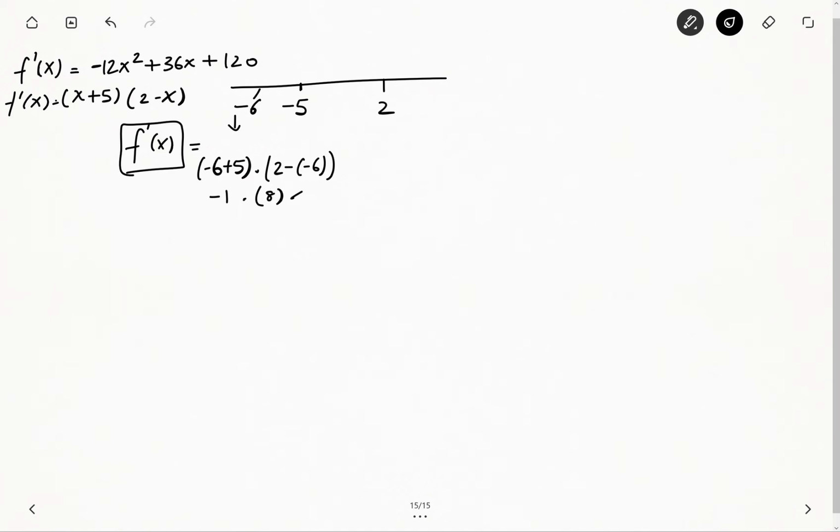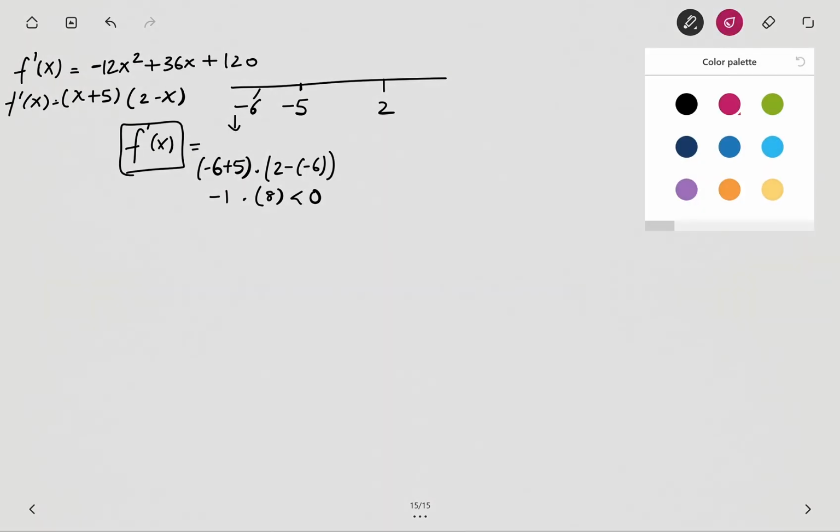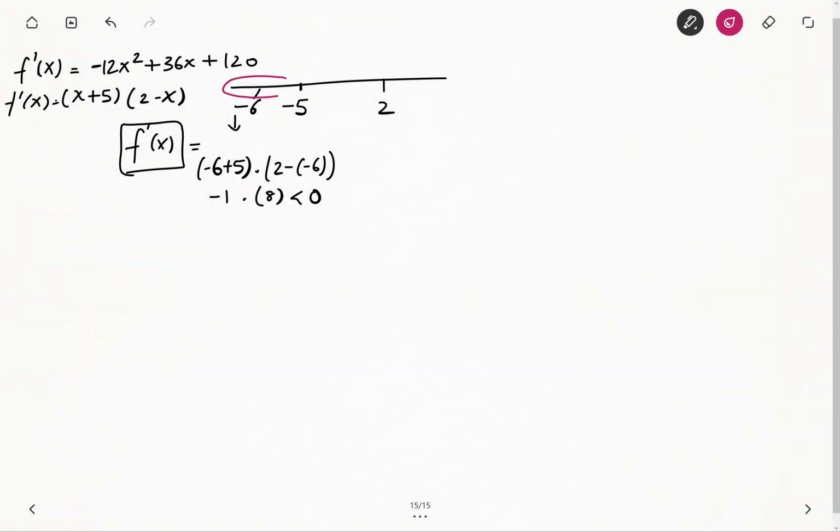In this case, your value is going to be less than 0. So in this zone here, the function is having a negative slope. So the function is decreasing in that zone because it's coming back down there.